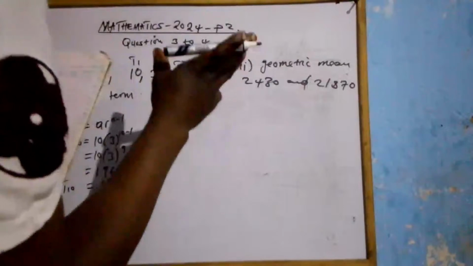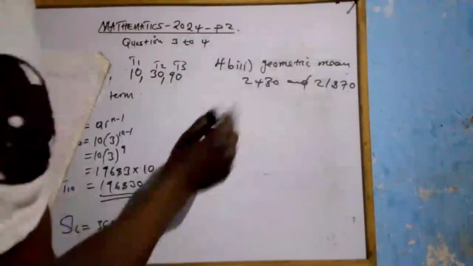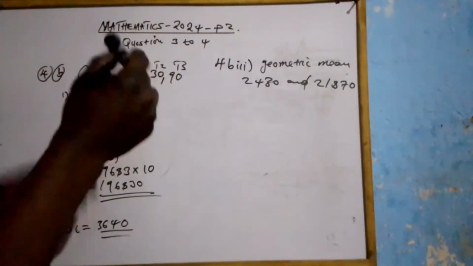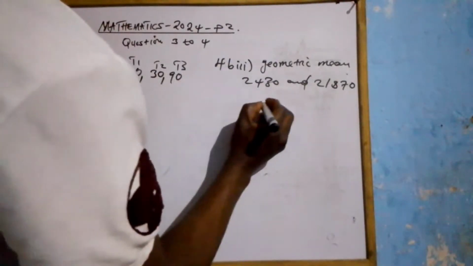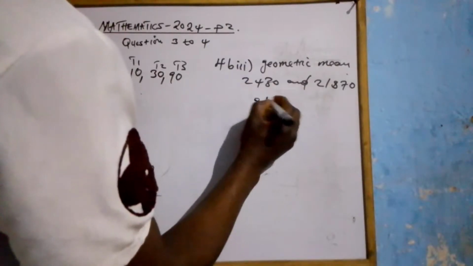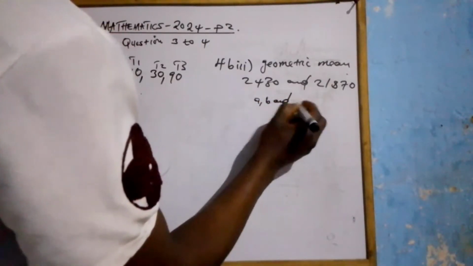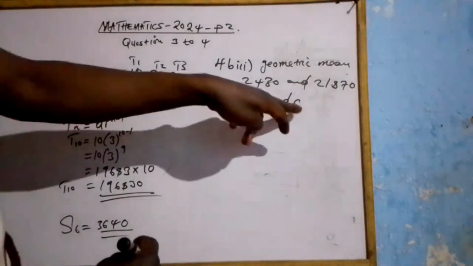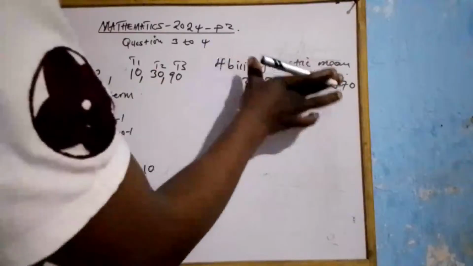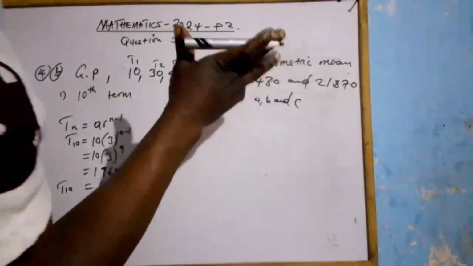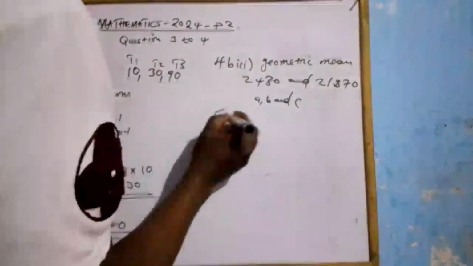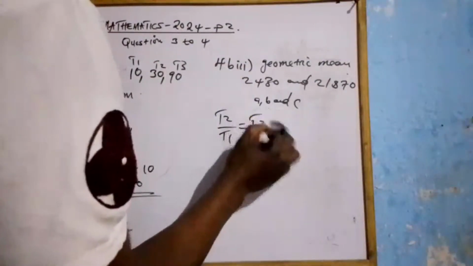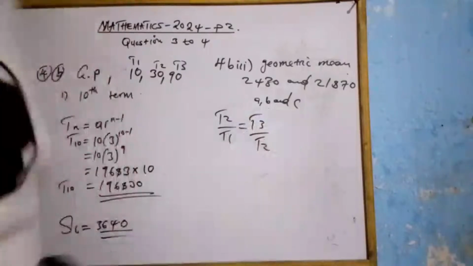First of all, you have to derive the formula for the geometric mean. Let's say for instance we have A, B and C. If you want to find the geometric mean, you should use the formula for finding the common ratio, which is T2 over T1, which should equal T3 over T2.